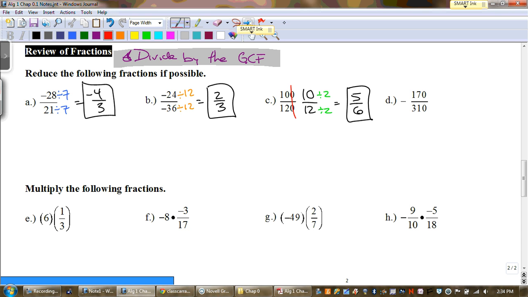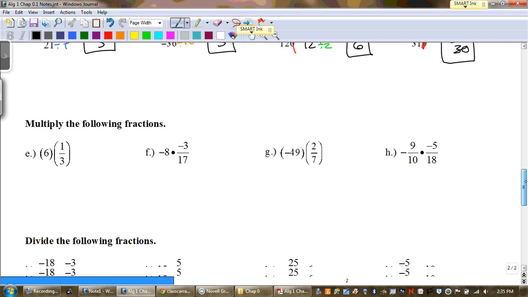And the same thing as the last one, you can cross out a 0 for each one. And then we are left with negative 17 over 30. And that negative can either go to the top or the bottom. It doesn't matter. There's only one of them. Okay? But we're left with negative 17 over 31 because that does not reduce.